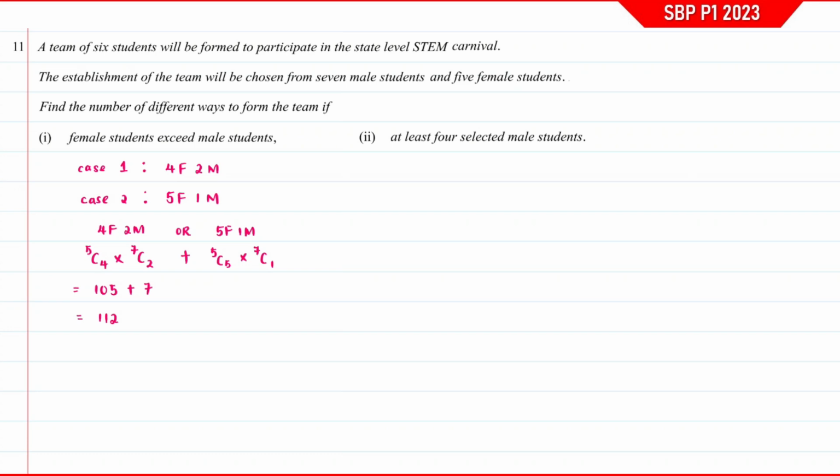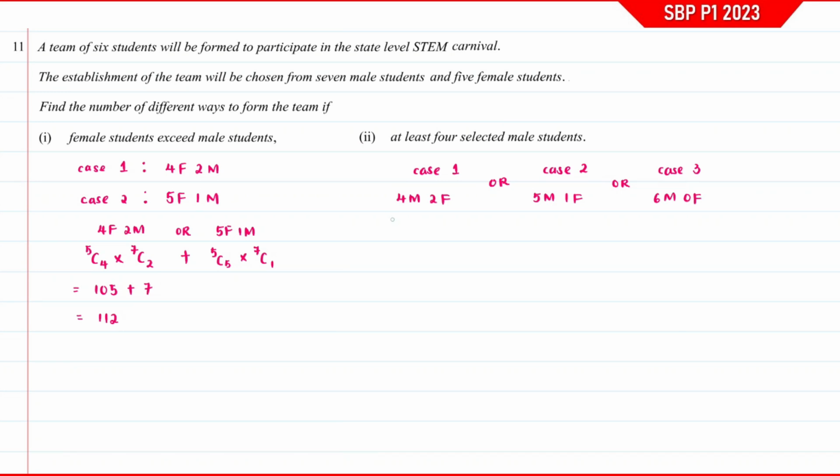Number 2, at least 4 selected male students, which means the minimum number of male students will be 4. For case number 1, let's say we have 4 male students, then the female students will be 2. Or case number 2, let's say we have 5 male students, then we have 1 female student. Or case number 3, let's say the whole team consists of male students, then we have 6 male and 0 female.